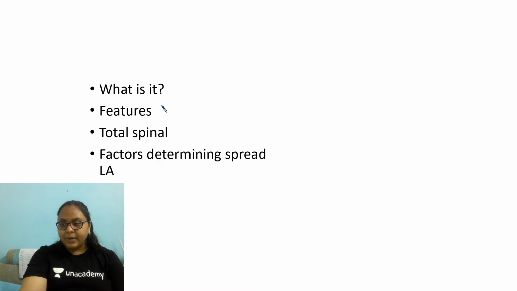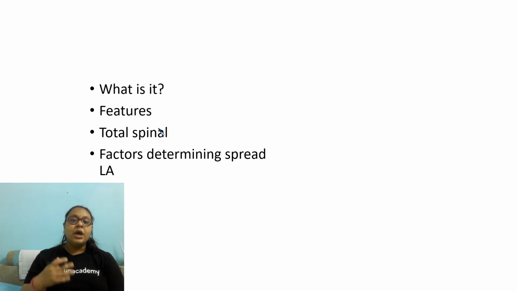Let me clear the concept of high spinal. What are the features of high spinal, what is total spinal, and what are the factors which determine the spread of the local anesthetic in spinal anesthesia.